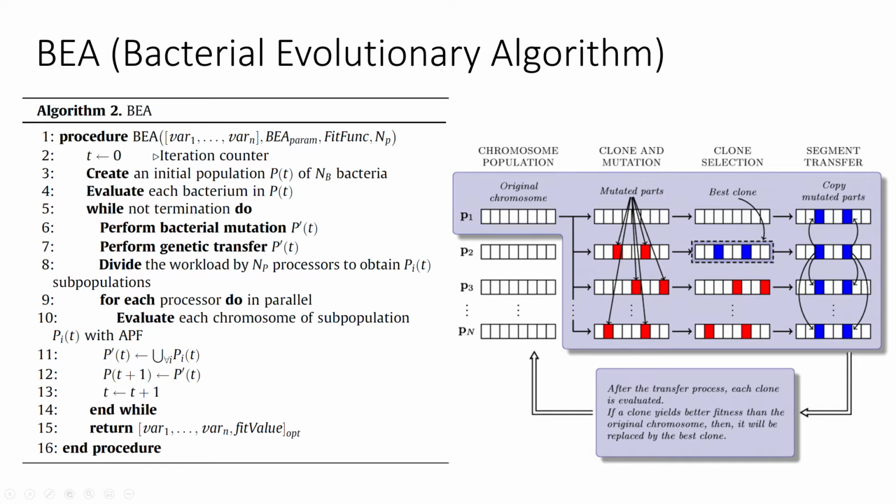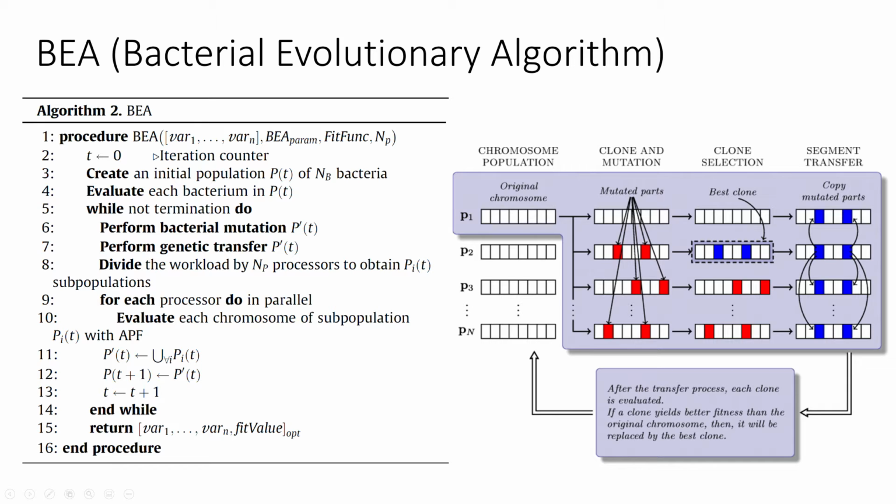As you can see, we first set an initial population for the bacteria, and after that we evaluate each bacterium in the population. Here is the picture explaining it.